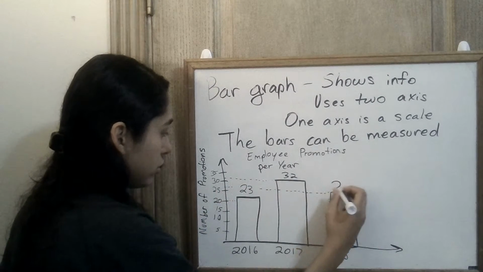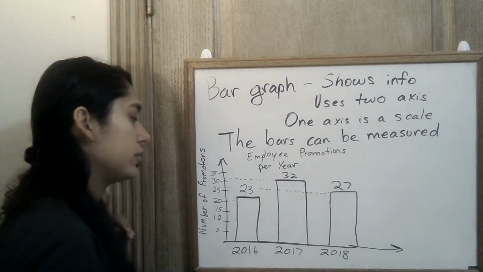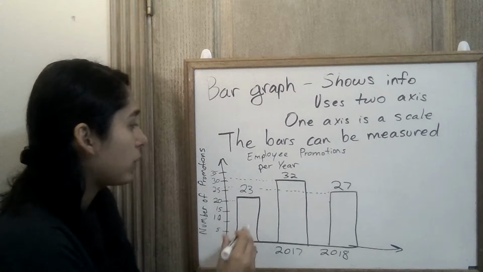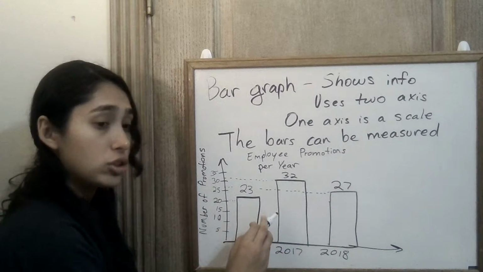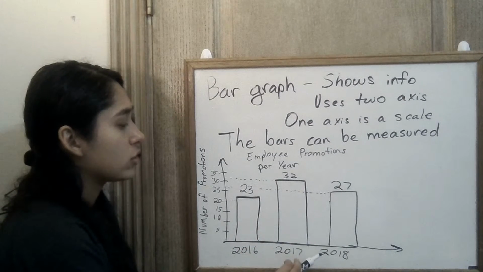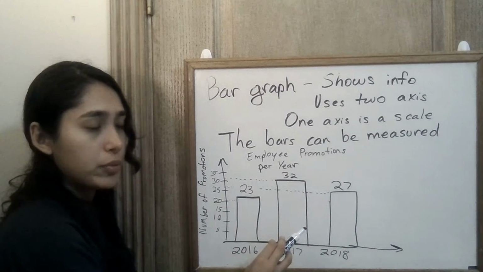So this was 27. So in the year 2016, we had 23 people promoted. Then in the year 2017, we had 32 people promoted. And then in the year 2018, we had 27 people promoted.